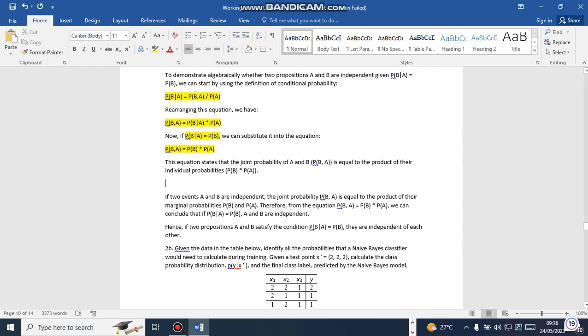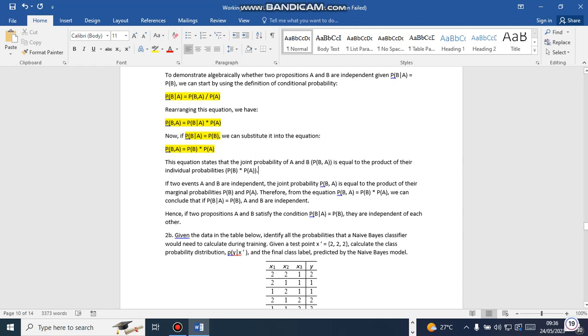That is the definition of independence. If two events A and B are independent, it means that there is no intersection between the two events, for example eating and baiting, or sleeping and driving.